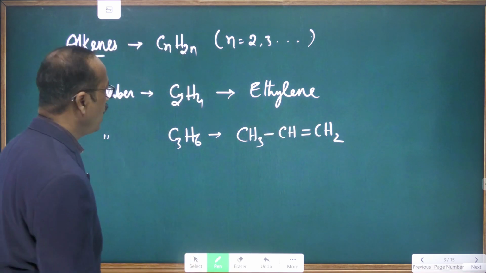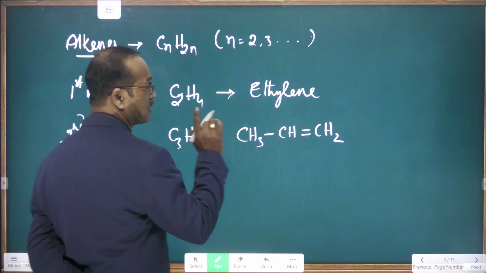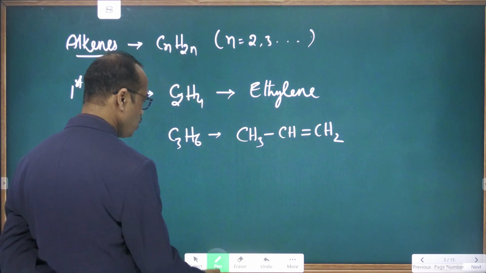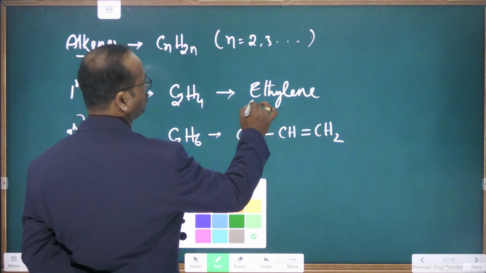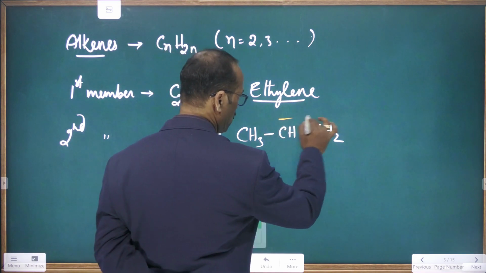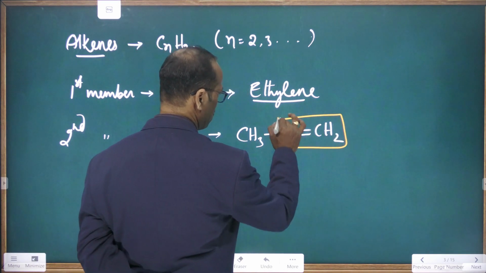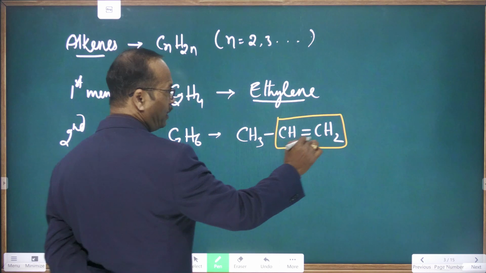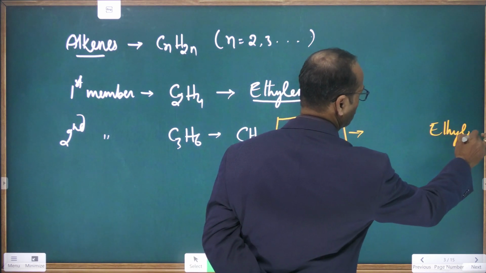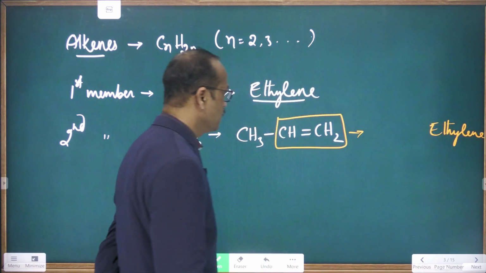Very good. And alkenes means what? Which contain at least one double bond. So here one double bond is also there. Now, what do you do? What is the first member? Ethylene. So here, this is ethylene, where the double bond is. You separate it and write ethylene first. Right?